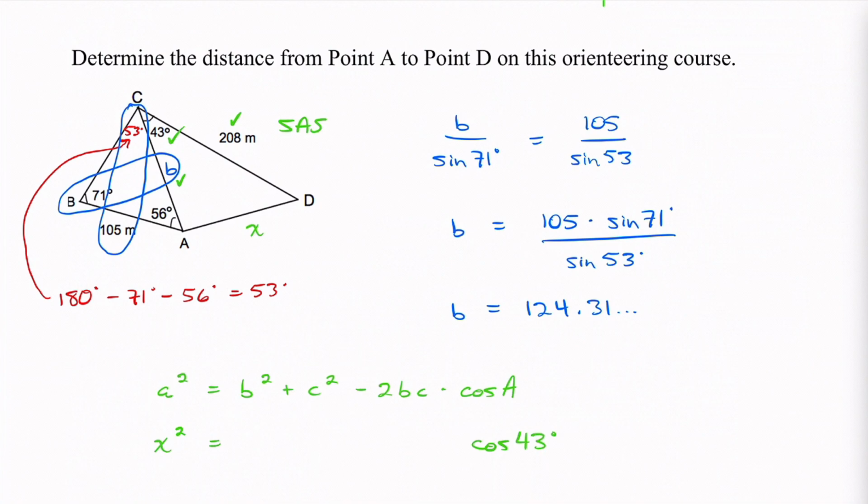And then the b and the c, again, it doesn't matter which one is which. So I'm going to put the b one here first. That is that number we just found, so it's that, and then squared, plus the c was the 208 squared, minus 2 times that 124.31 times 208, and then times that cos of 43.